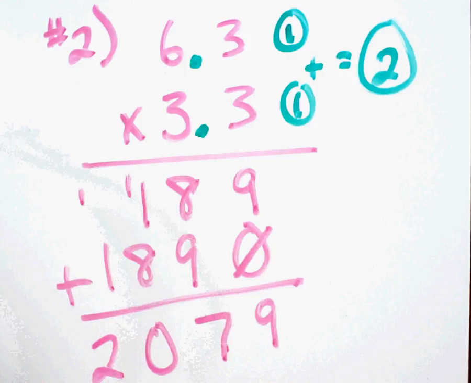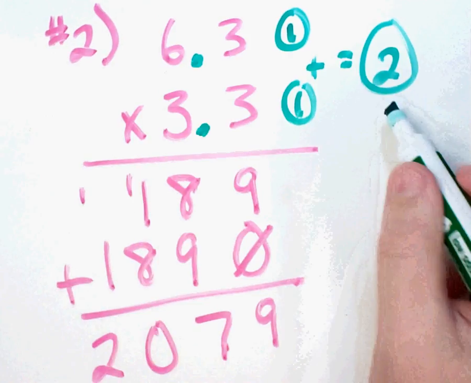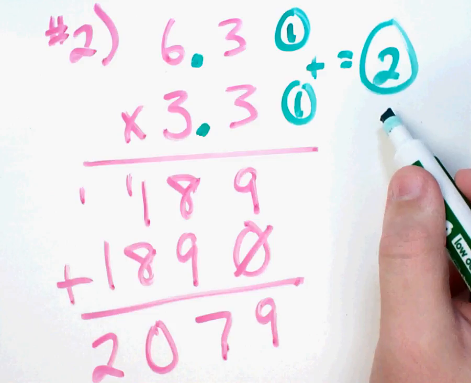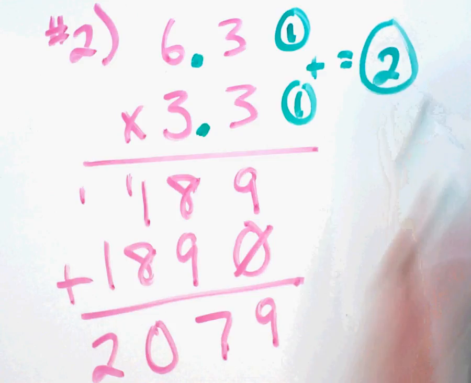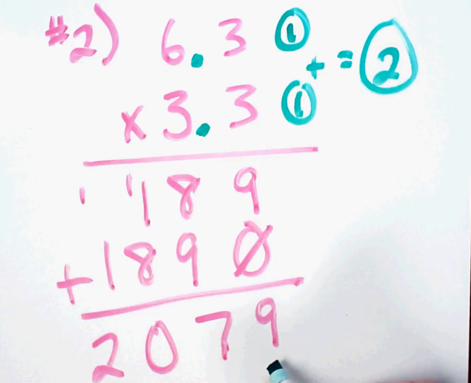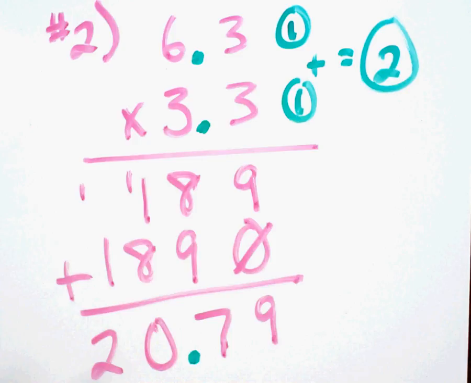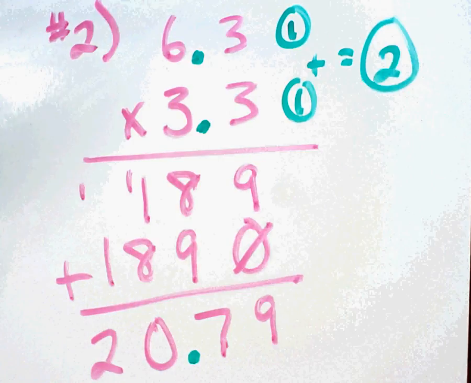And now I need to place my decimal. So again, I identified earlier I need 2 numbers to the right of the decimal on my answer. So I'm going to start at the far right and count to the left, 1, 2 spaces, and now I have 2 numbers to the right. All right, on to the last one.